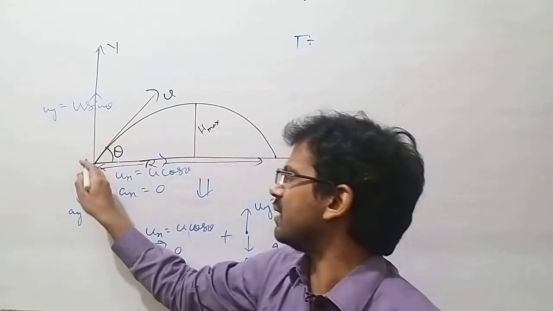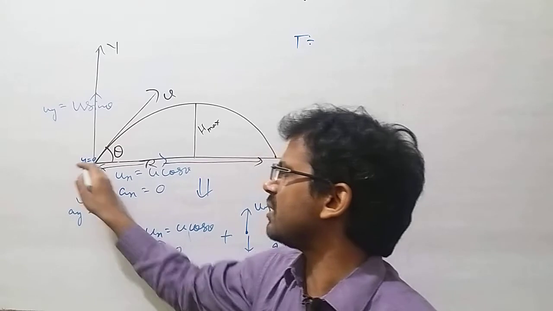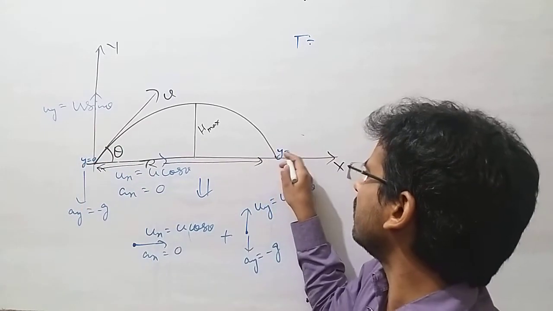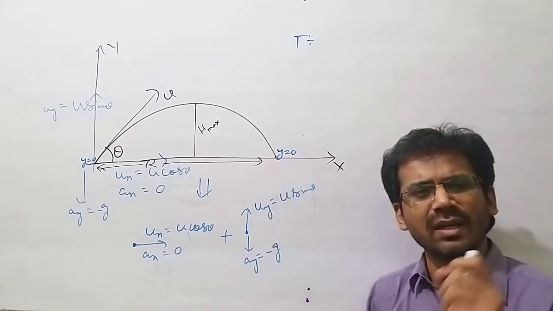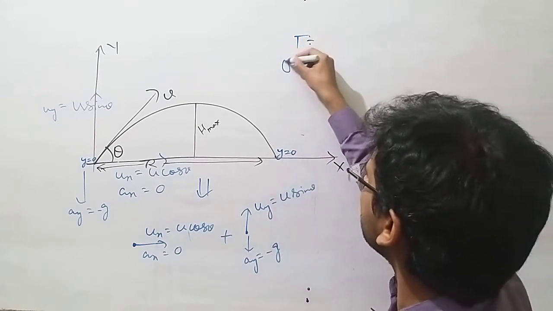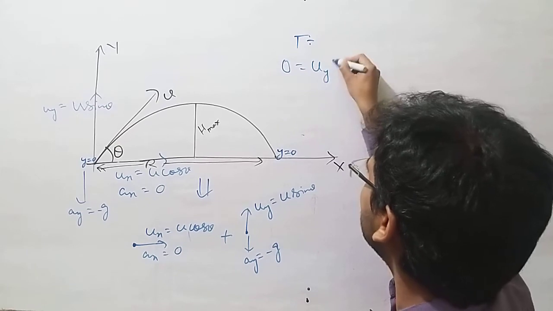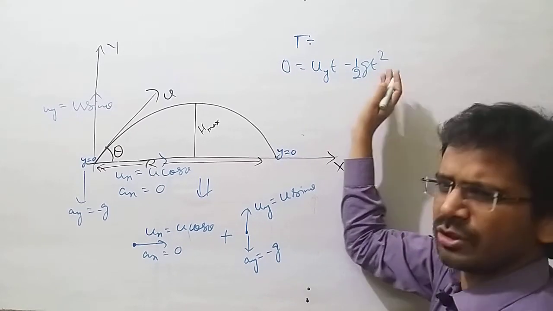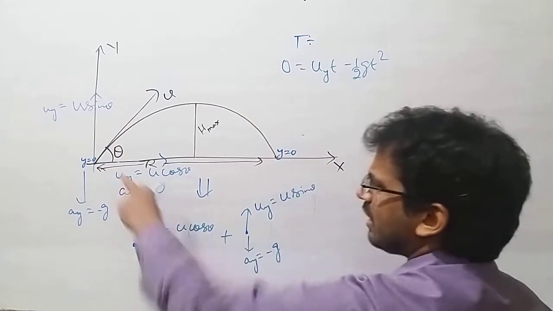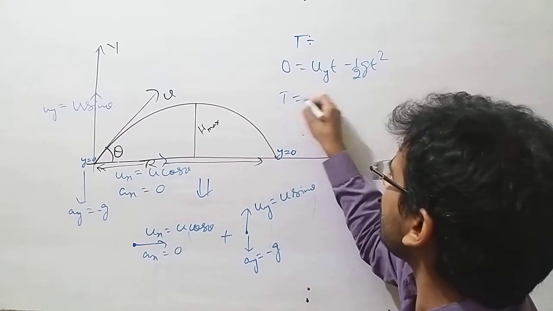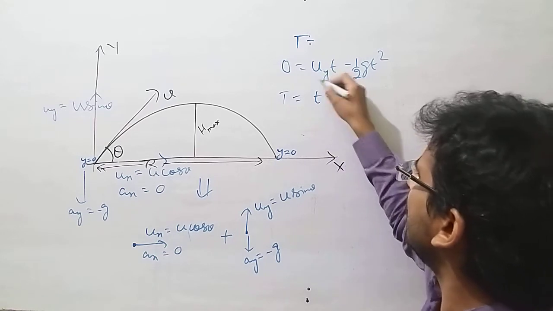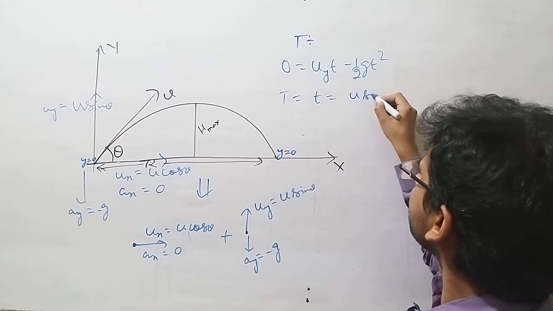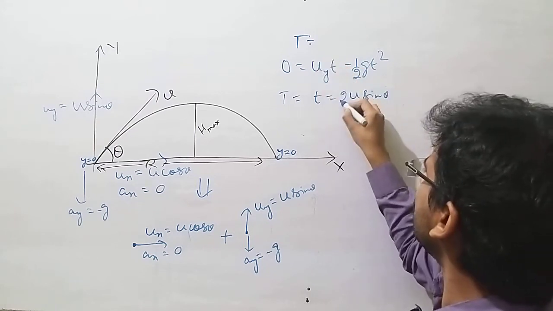In the vertical direction, at the initial position there was zero displacement, and finally also zero displacement. So h equals uy t minus half g t square. You can take t common, one factor of which is equal to 0, which was the initial instant, and the other gives you the time of flight, equal to uy, which is u sin theta, times 2 upon g.